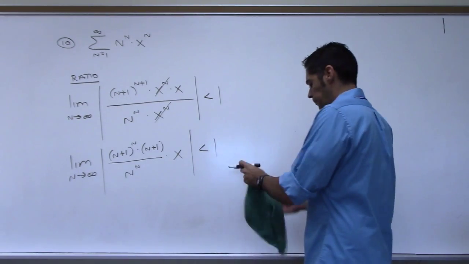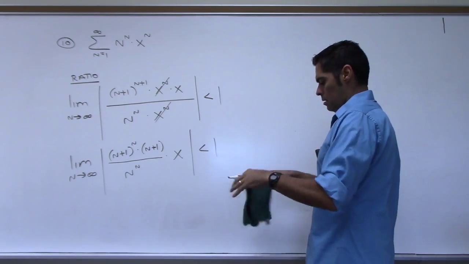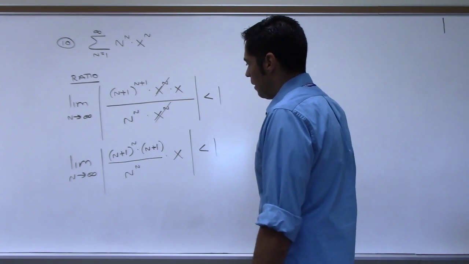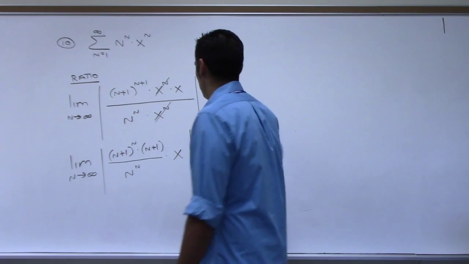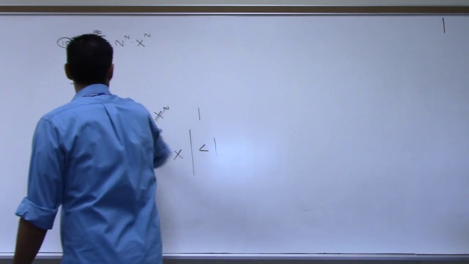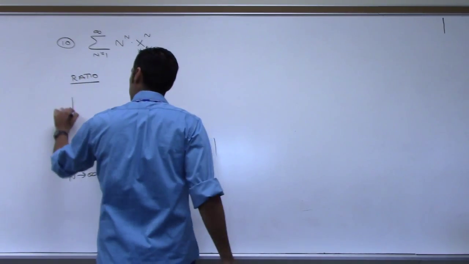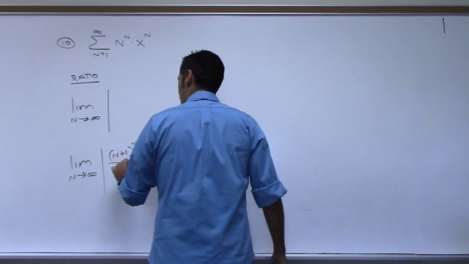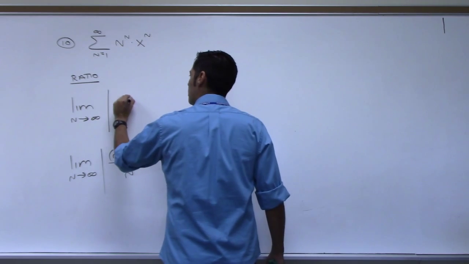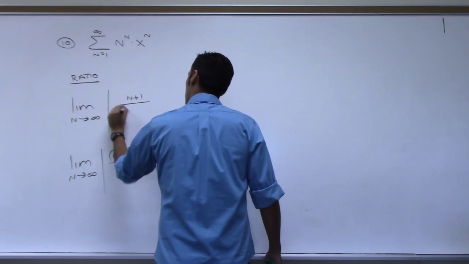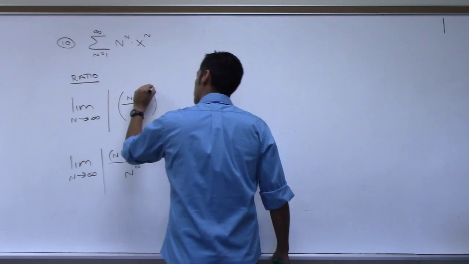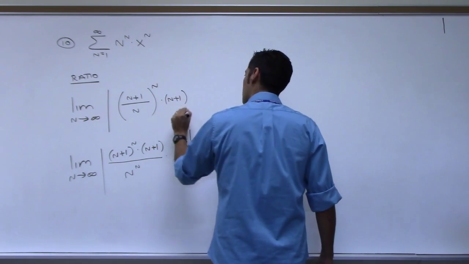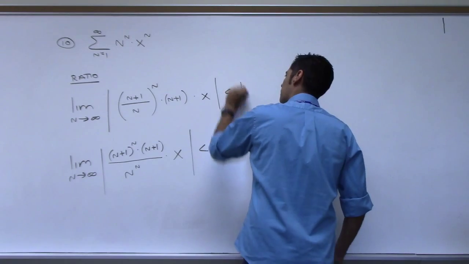And so if I let n go to infinity here, I've got infinity over infinity, but L'Hopital's rule is not as clean there. So let me rewrite that a little bit, make it a little easier to work with. Since these are both to the n power, I'm going to do (n+1)/n to the n power times, I still had n plus 1 here, then I still had x out here.